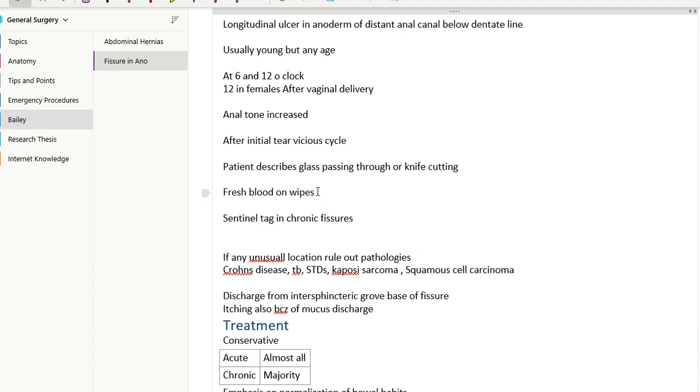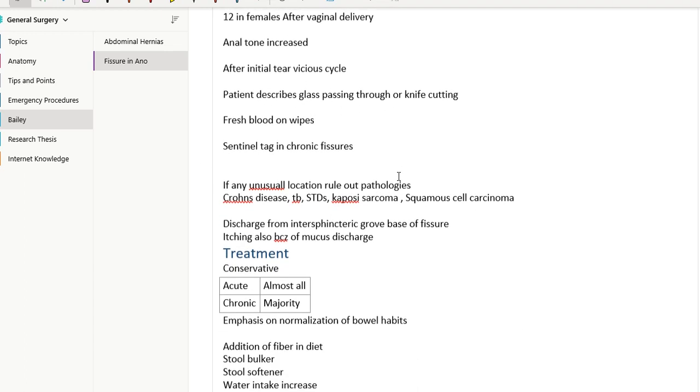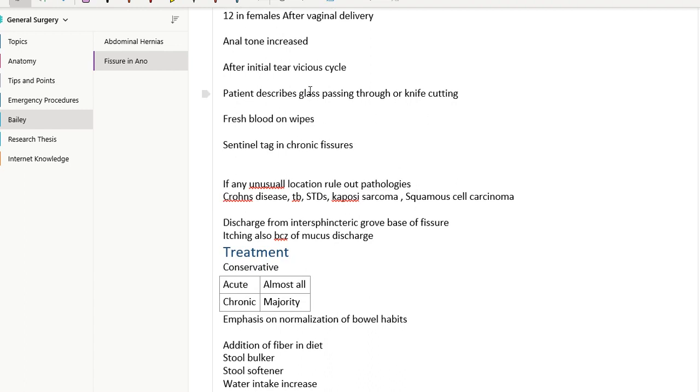And because of that pain the patient is going to avoid defecation as much as possible, which will further increase the hardness of stool, and which will also lead to further tearing, and this is the vicious cycle which takes place. These are the words written in Bailey, so you can use it in the exam, or maybe the MCQs.